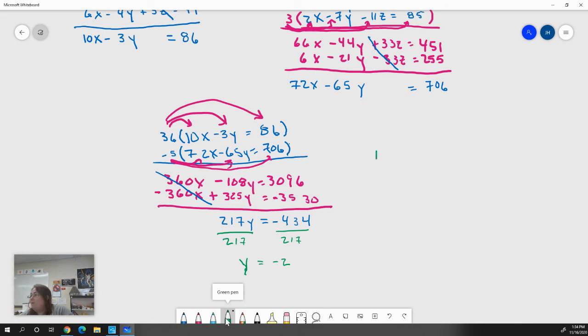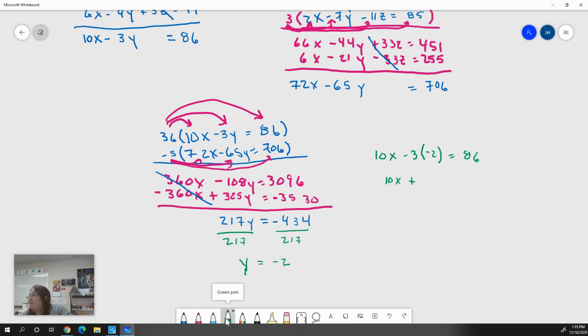So I'm going to go 10x, we don't know what x is yet, minus 3y, but we know that y just equals negative 2. So I'm going to go times negative 2. Equals 86. And now we can go ahead and solve this for x. So I have 10x plus 6, right?